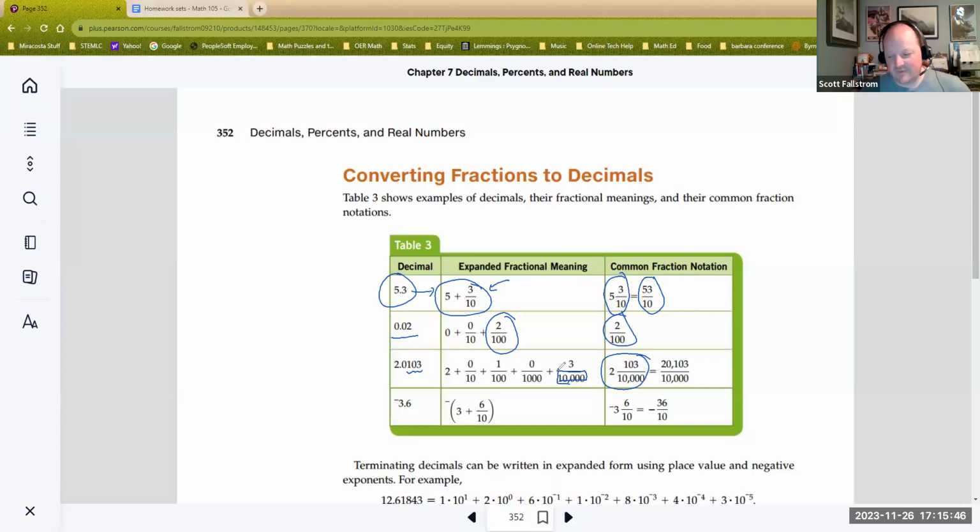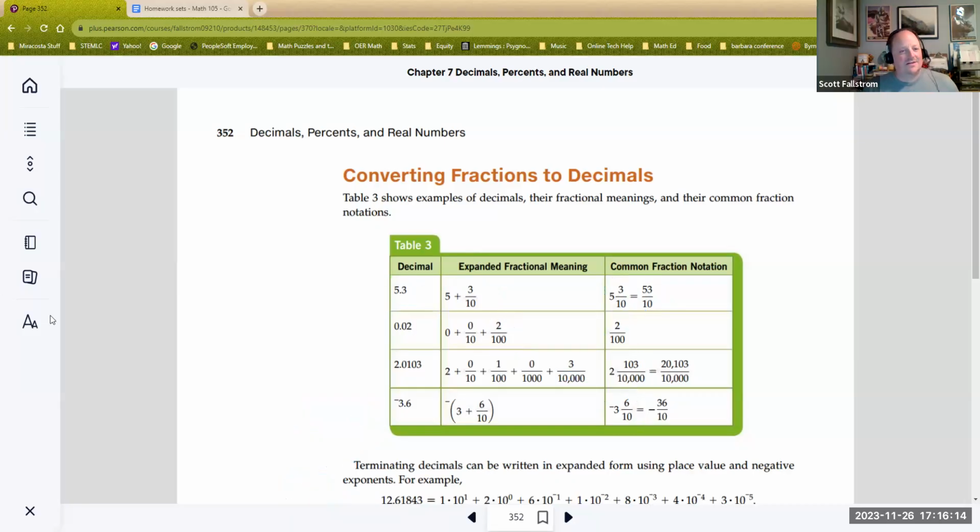It's actually fairly quick. If you do have the opposite value, just make sure that you do the opposite of that whole number. When I do these, I would think of this as 3 and 6 tenths. Find that fraction, which would be 3 and 6 tenths. And then when I'm all the way done, then bring that symbol back in. Okay, and that's how you can get there pretty quickly.